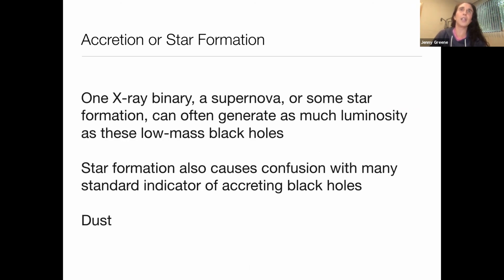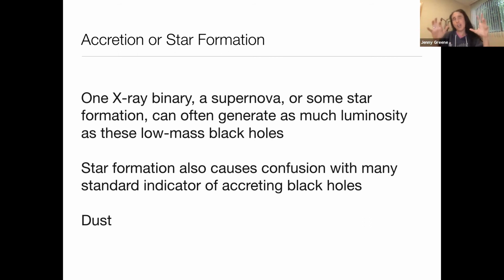So that's pretty much everything we can learn so far from dynamics given present constraints. The other game that I've been playing for years and years is to look for accreting massive black holes. And here we're up against a similar challenge: a 10^5 solar mass black hole can have the same or less luminosity output than a single X-ray binary, a single supernova, a little bit of star formation.